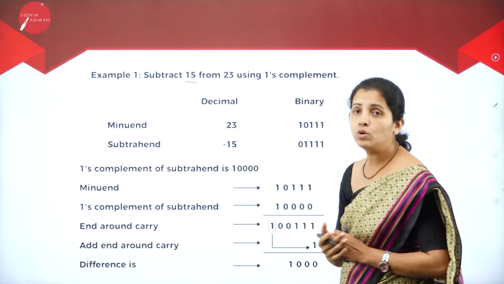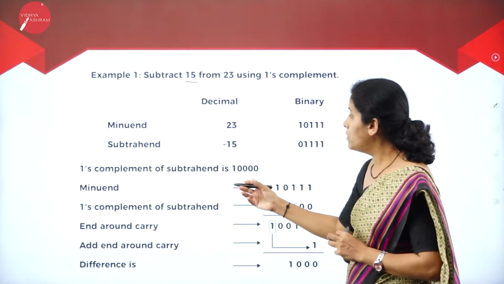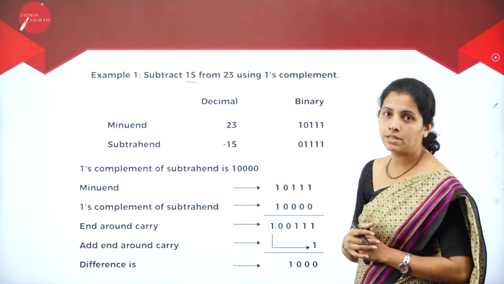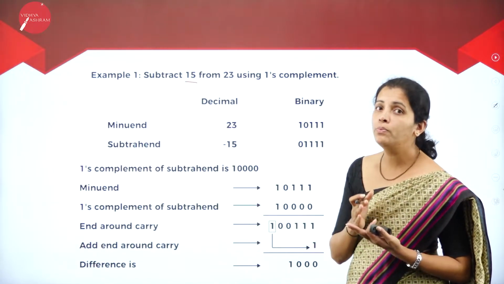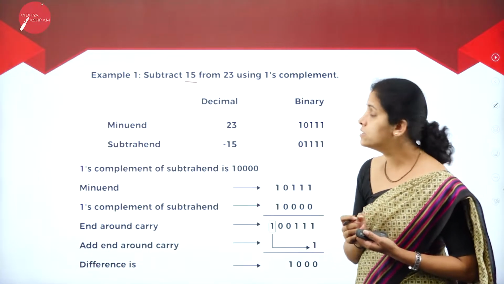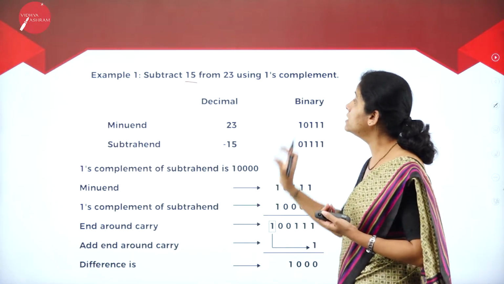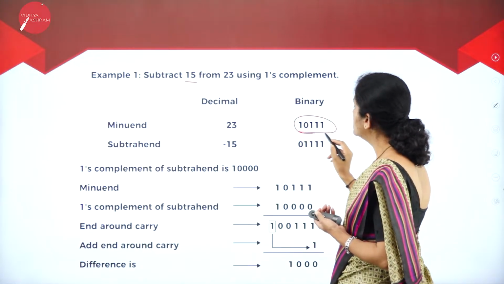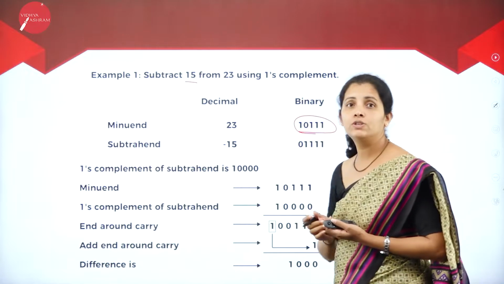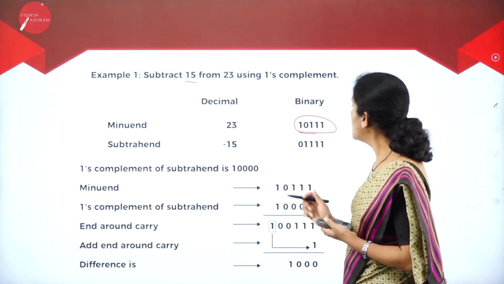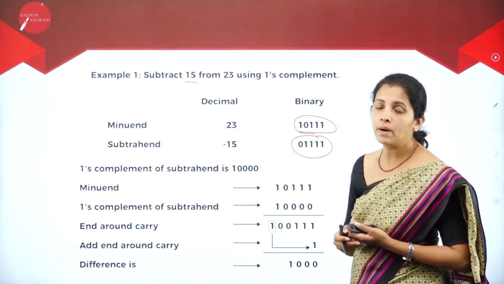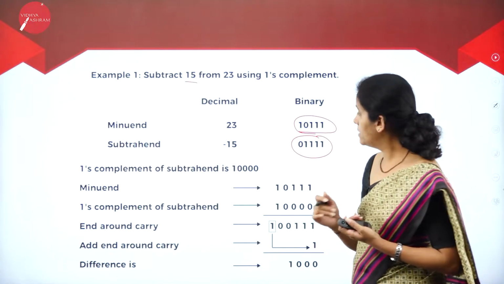So at the beginning, I want to find the ones complement of the subtrahend. Before performing any operation, I want to convert the decimal number to binary. So this is the binary representation of 23, and this is the binary representation of minus 15.